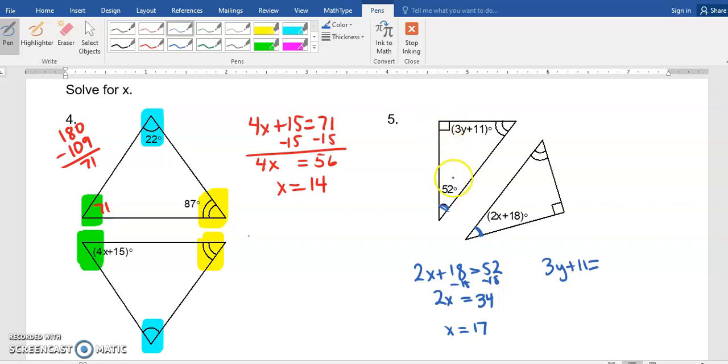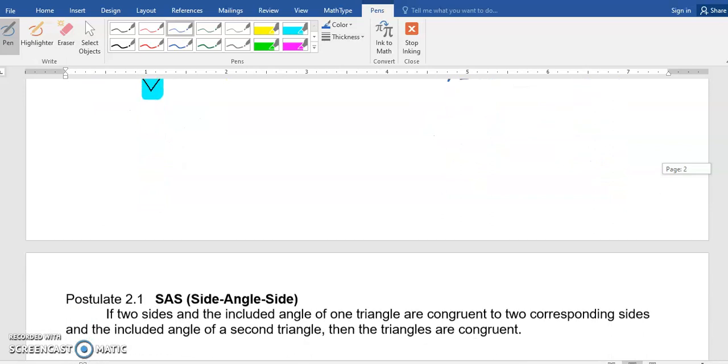If one is 90, then the other two have to add up to 90, so these two would be 38. It's 90 minus 52, which is 38. So we'll set that equal to 38. We're going to subtract the 11 from both sides and divide by 3. So we're just using the idea that corresponding parts are congruent.